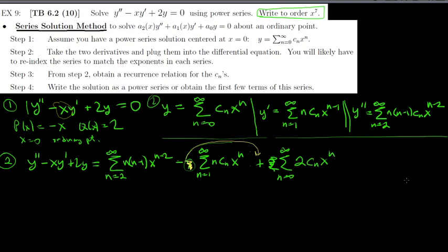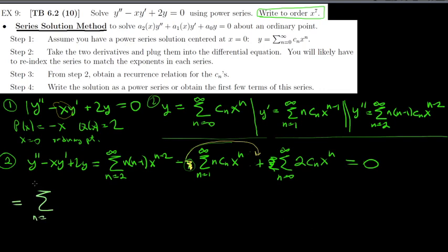Okay, so our goal is to combine all of this. Remember, all of this equals 0, but we have to get it all into a single series. I'll start all the way on the left here. You need a lot of space.